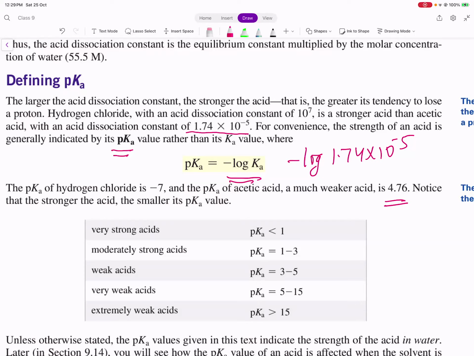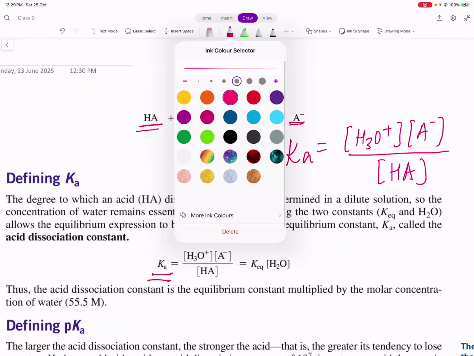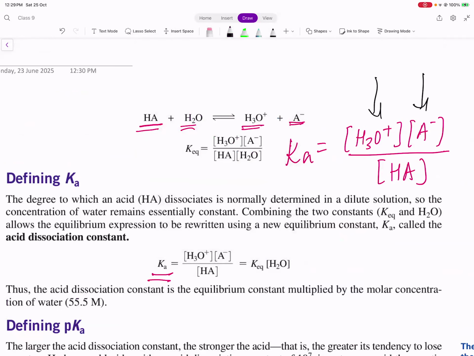To reiterate, greater the value of Ka. If Ka is large, it means the concentrations of products are large. It means the reaction has gone towards the forward direction a lot. So a large acid dissociation constant Ka means that the acid is very strong. That is the main thing.